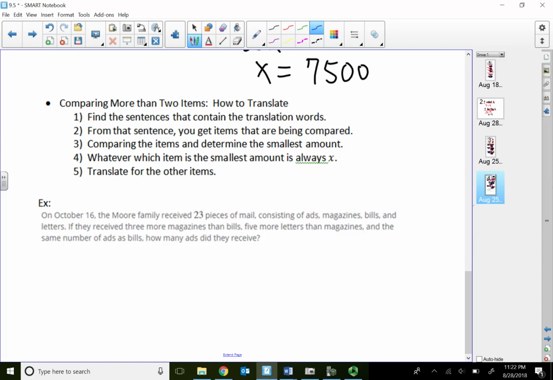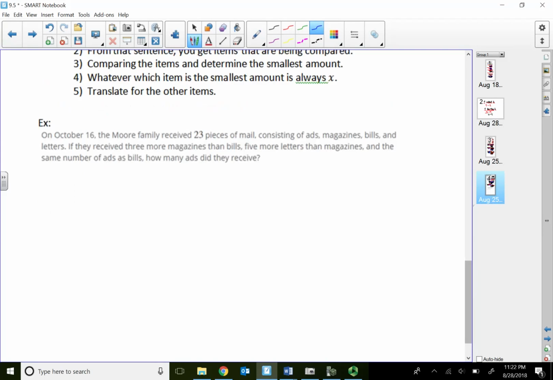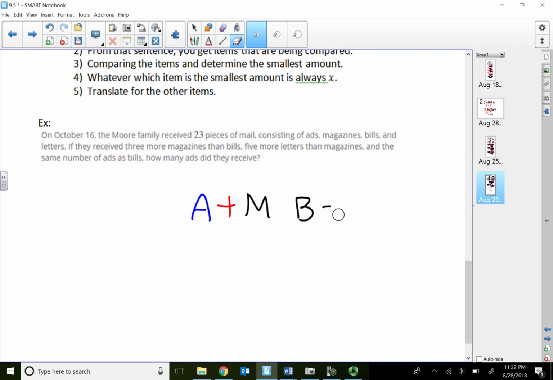So that's how the equation is going to end up looking: ads plus magazines plus bills plus letters, these four items together, is going to equal 23 pieces of mail. Because the 23 pieces of mail consist of four items, if you add them up, it has to equal 23. That's the idea.